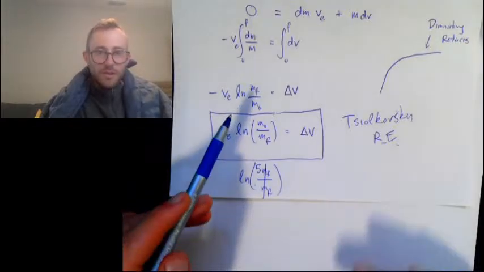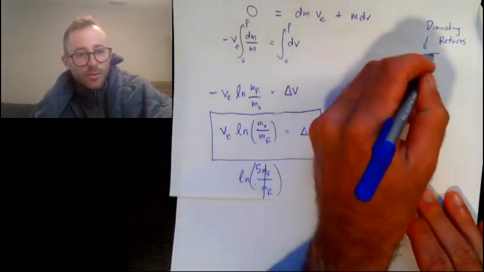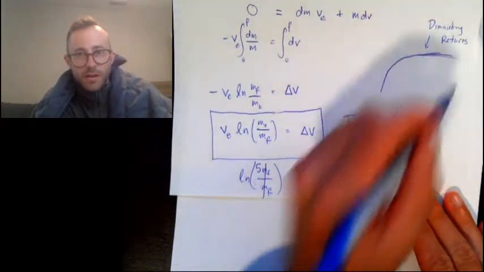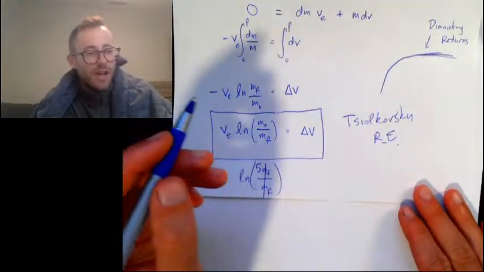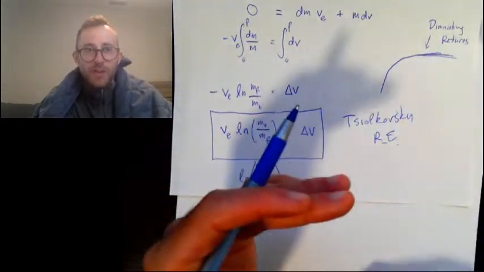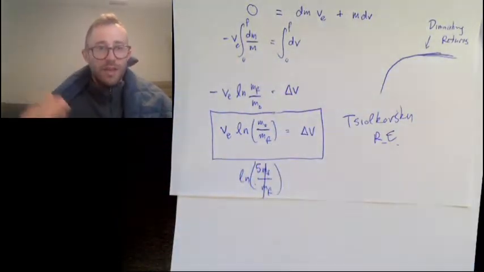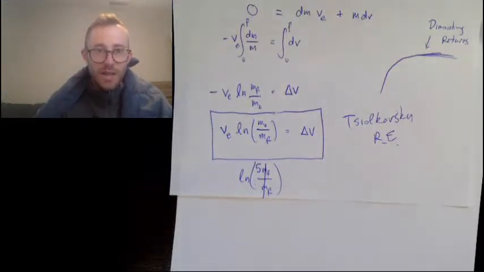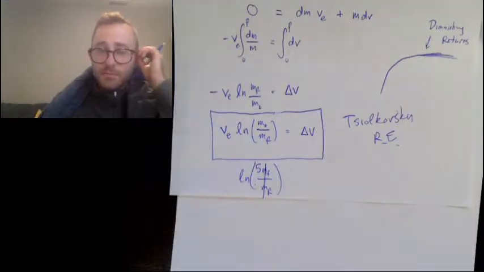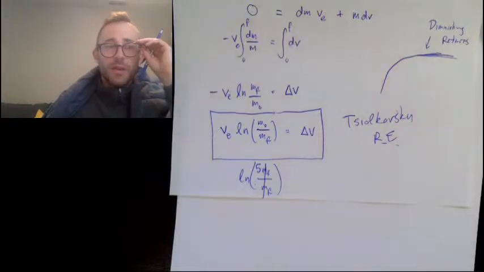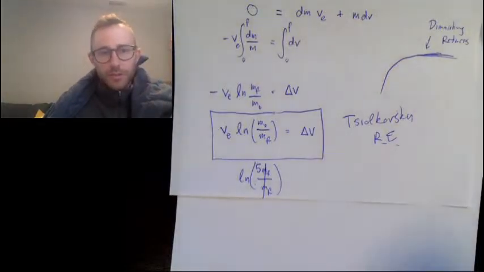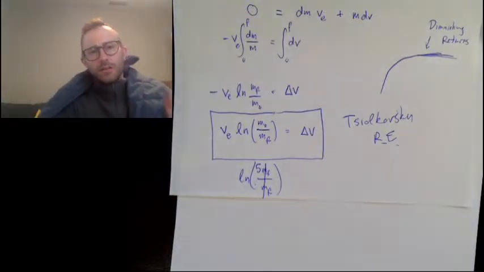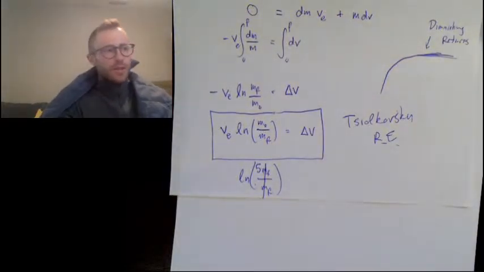It's because the logarithm function is so flat that you have to have M initial over M final be huge in order to get more delta V. Because that's the name of the game in space travel: you want as big of a delta V as possible. So I hope you enjoyed that little theoretical exposition.